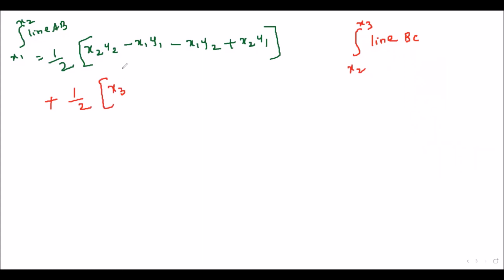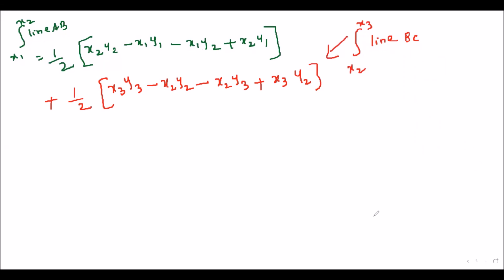So x3 y3, and in place of x1 y1, x2 y2 should come. x2 y2 minus again, in place of x1 put x2, in place of y2 put y3, plus in place of x2 put x3, in place of y1 put y2. This is the second one's answer. So that much big derivation you don't need to do again, second one's answer.